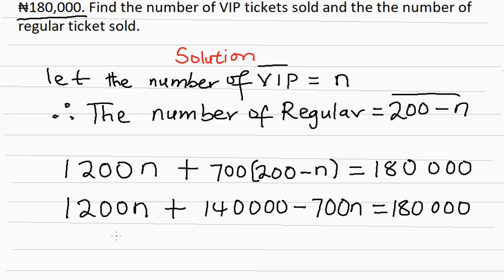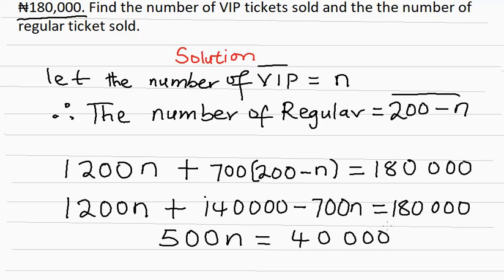We collect like terms: 1,200n minus 700n gives 500n. I take 140,000 to the other side of the equation, where it becomes minus, so I have 180,000 minus 140,000, which gives 40,000.